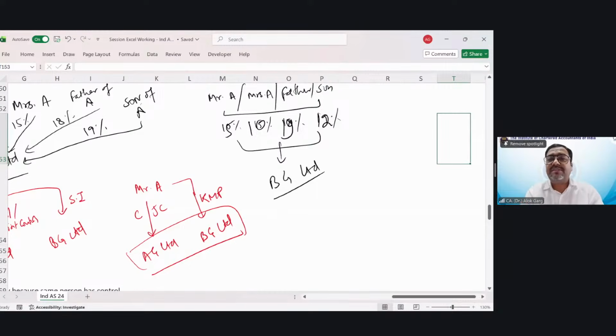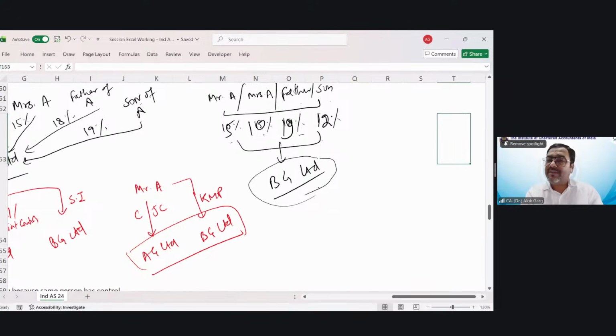Mr. A, Mrs. A, father and son, they are holding 15, 10, 19, 12% in BG Limited. So Mr. A along with his family is holding 15, 10, 25, 20, 45, 44, and 12, 56.